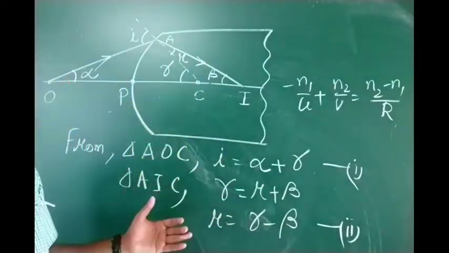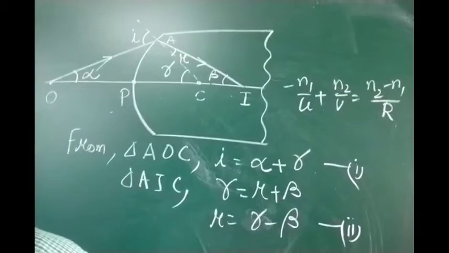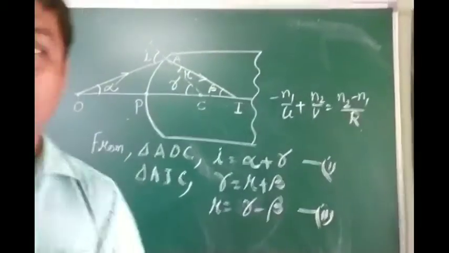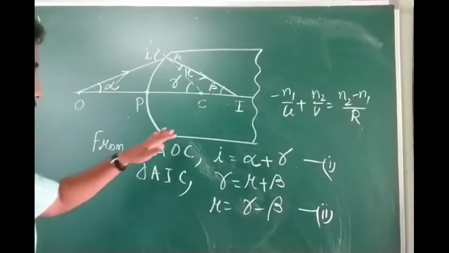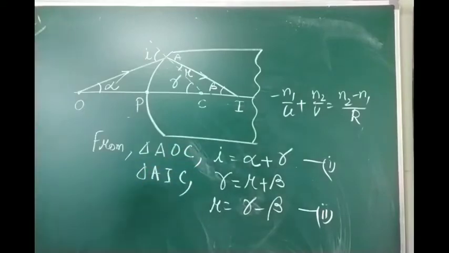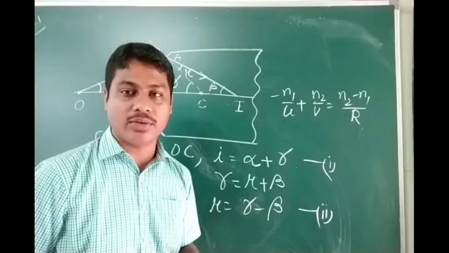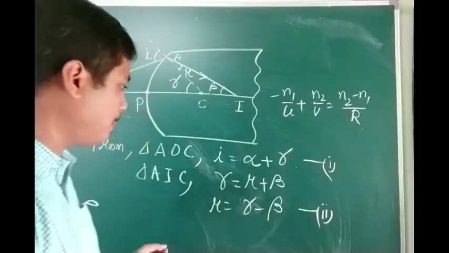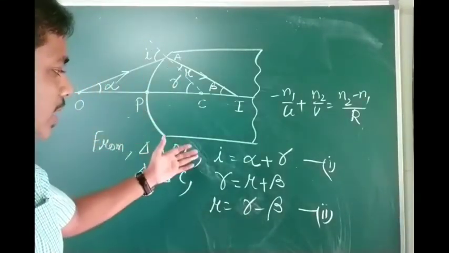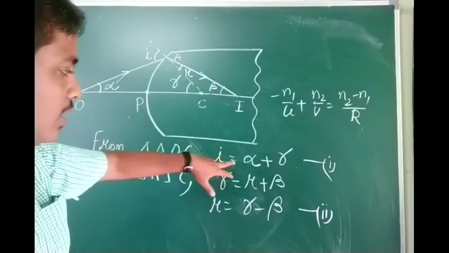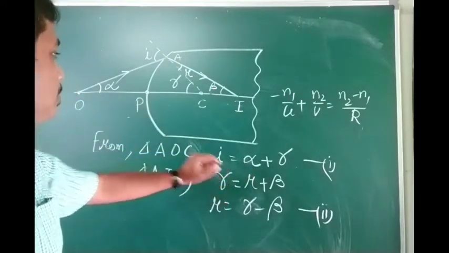So you can write it or you can draw the diagram. After this, I will be finding one by one what the values are. Now if I go by the triangle, see what will be the value of alpha.